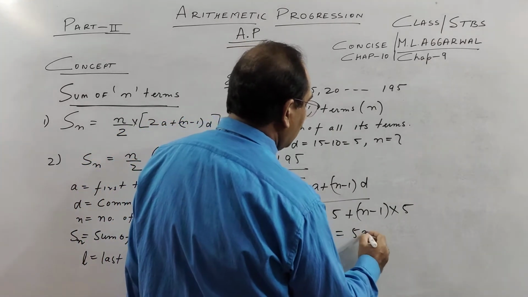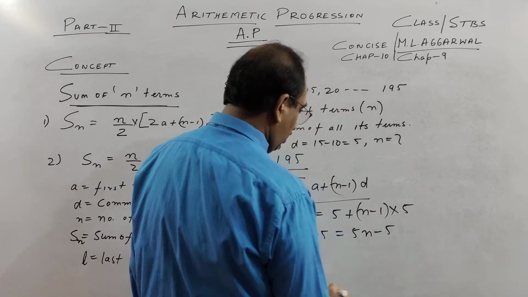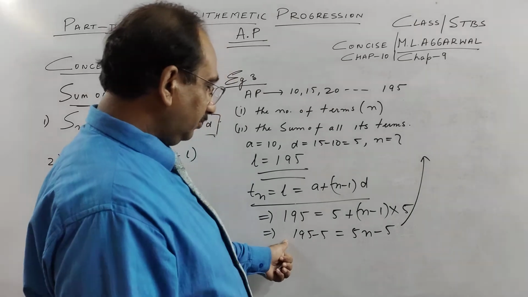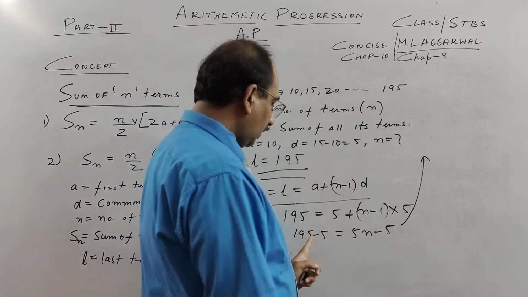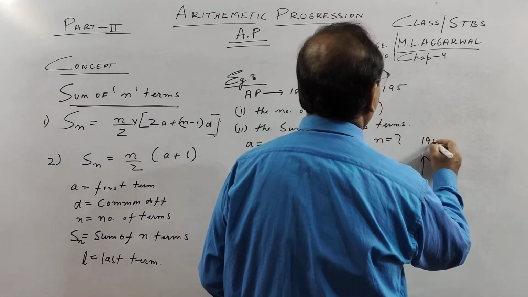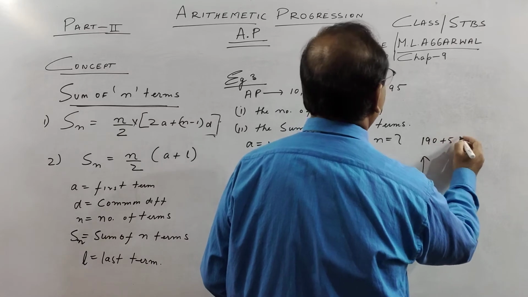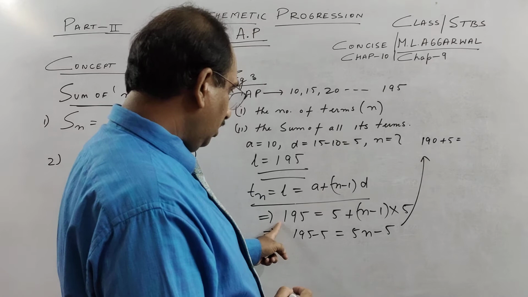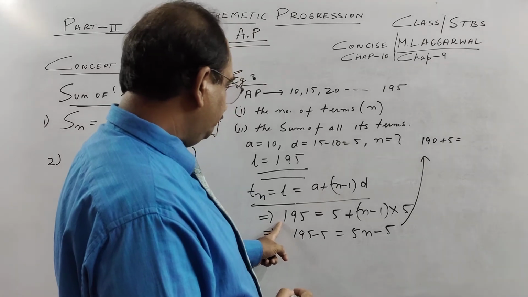Here we get 5n minus 5. Okay, so what we have, this 5 comes here. 190 plus 5. So here we get n.